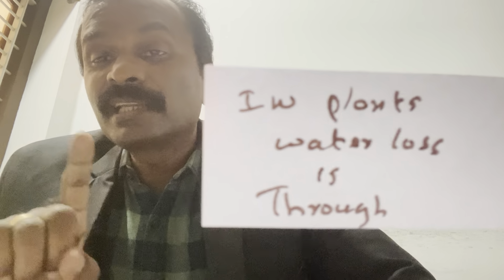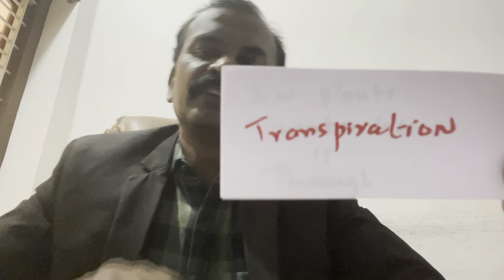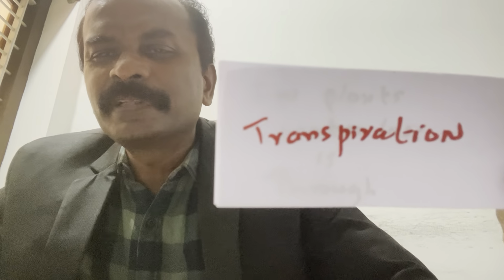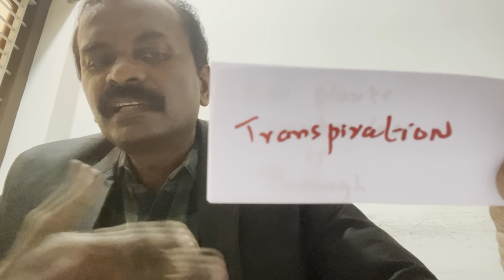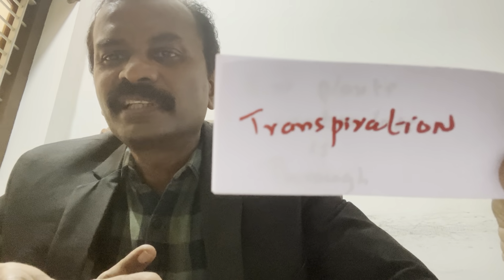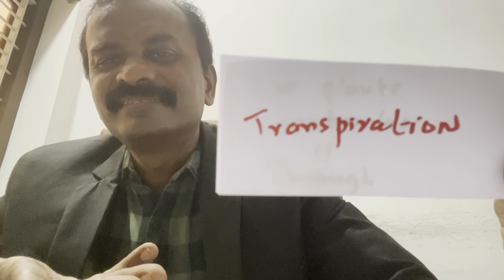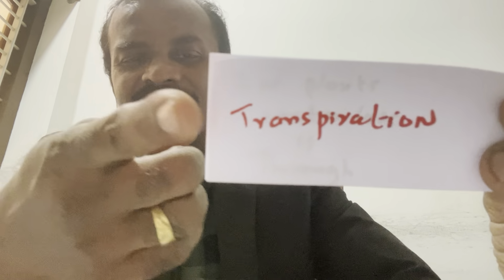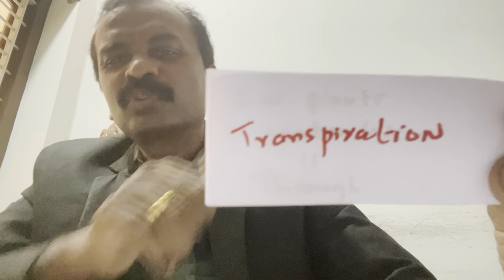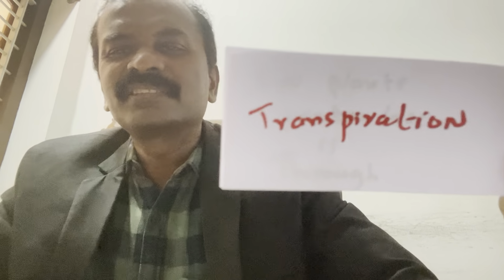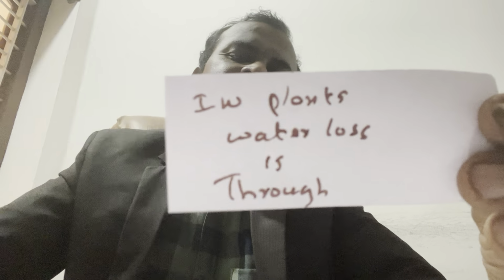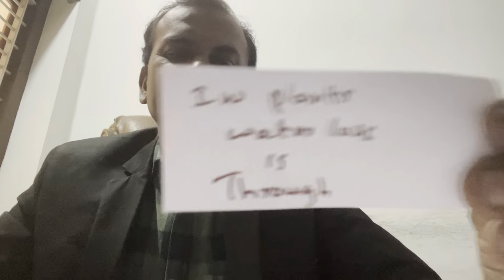I am talking about water loss in plants, which is by transpiration. I am telling you, always study the question. Otherwise, you will confuse it with diffusion. Transpiration, read the question. Diffusion, read the question. Question is important.